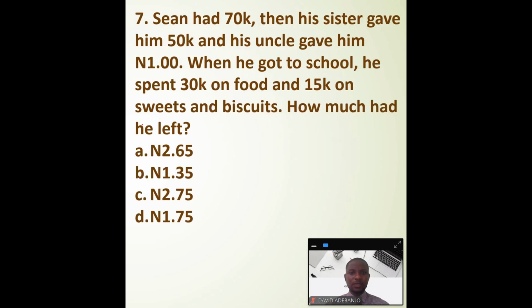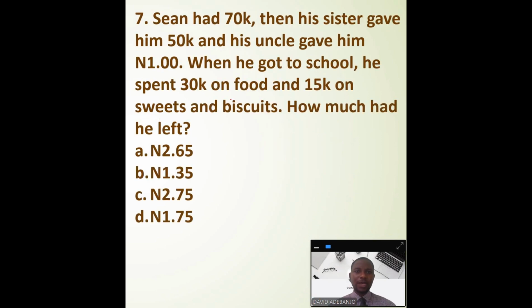Moving on to question 7. Sean had 70 kobo, and his sister gave him 50 kobo, and his uncle gave him 1 naira.